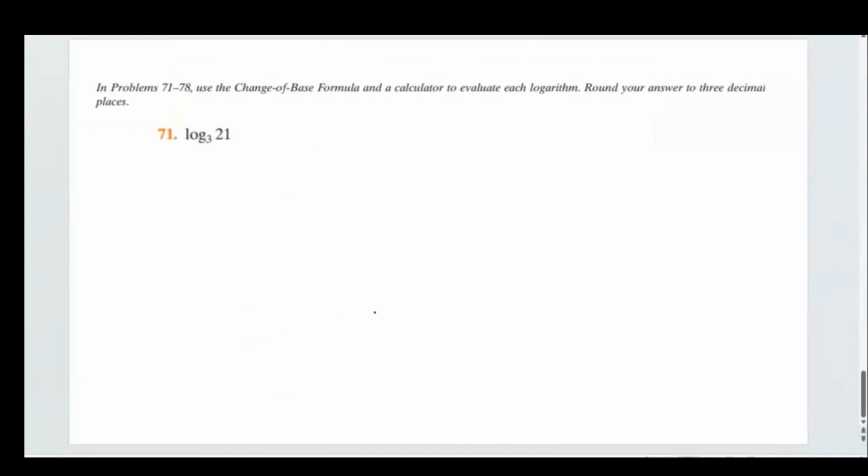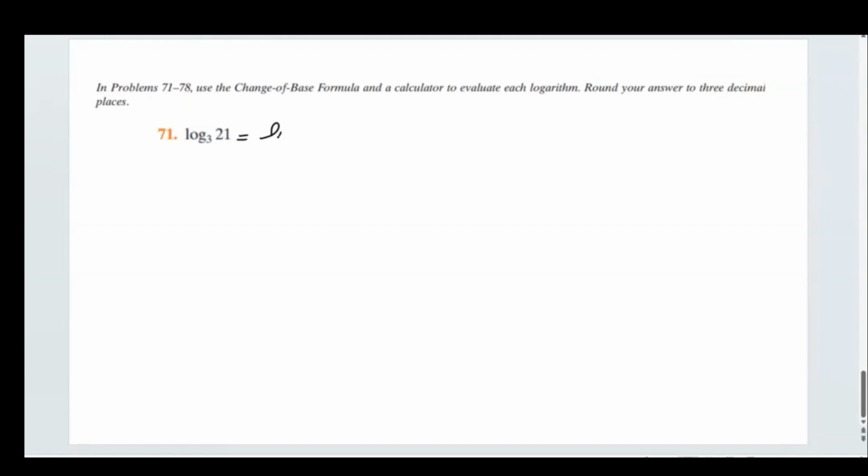So for example, when I have this exercise where they say use the change of base formula and a calculator to evaluate the logarithm, round to three decimal places. They say log in base 3 of 21. I will just write this as a quotient of two either common logarithm expressions or natural logarithm expressions. I would prefer to use natural logarithms. So usually, when I have to pick between common logarithm and natural logarithm, I usually use the natural logarithm.